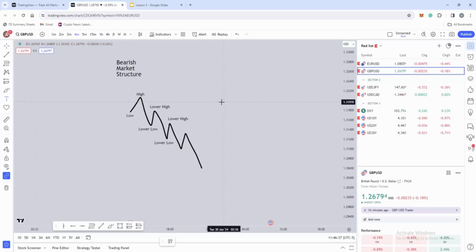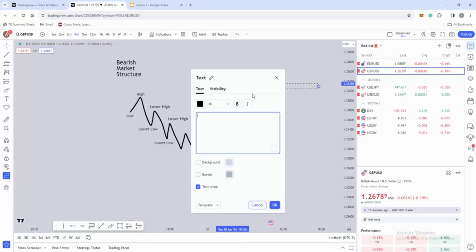And this is basically what we're looking to find in the bearish market structure. We're looking at each bearish expansion's low being lower than the last bearish expansion.